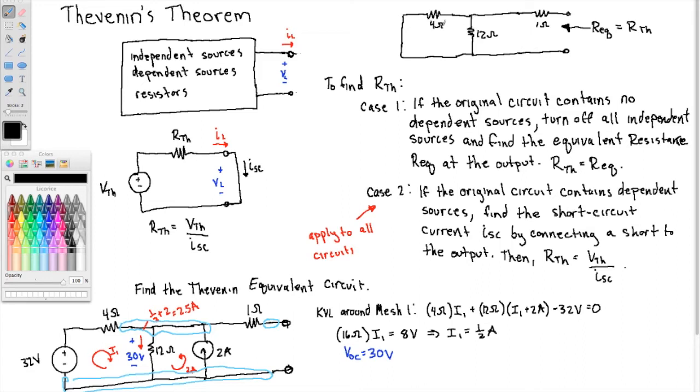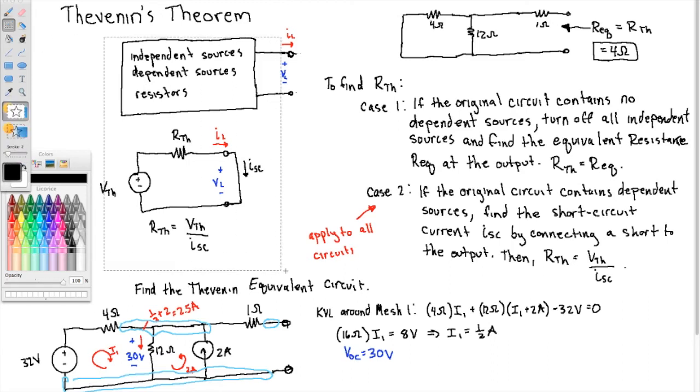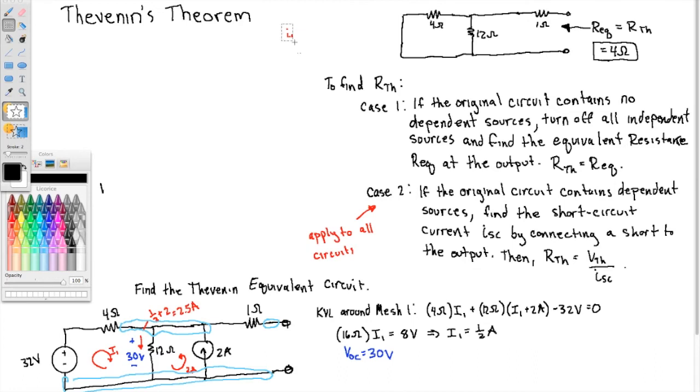Alright, so notice that the 4 and the 12 are in parallel. That makes 3 ohms. And then that 3 ohms is in series with the 1 ohm, so this is 4 ohms. Therefore, the equivalent circuit of the original is 30 volts in series with 4 ohms.